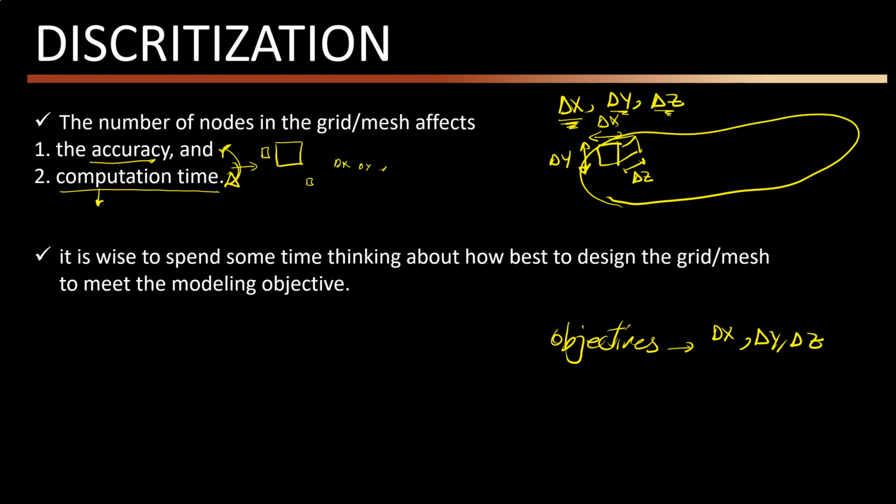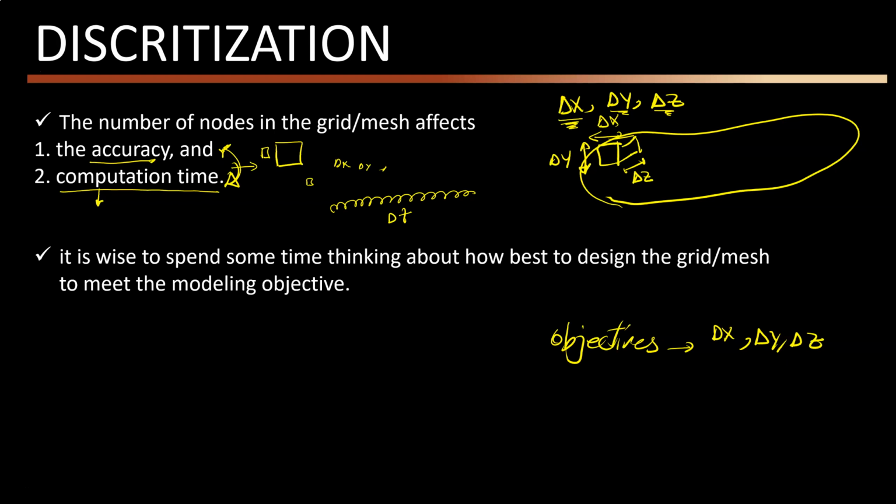Okay. And note that we're going to talk about the steady state and transient state solutions. Sometimes in the transient models, technically you repeat solving the equation so many times based on your delta t's, right? So that's why sometimes it may take days or months to solve a groundwater model.